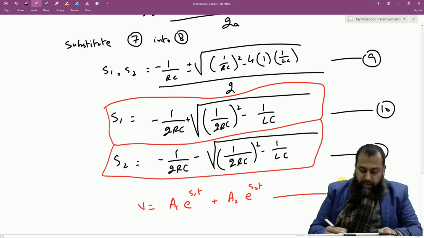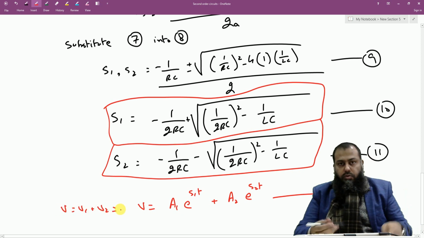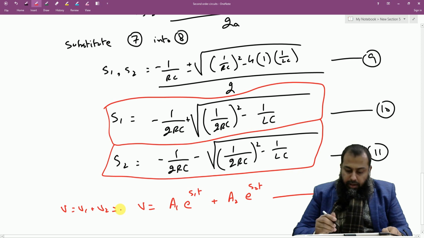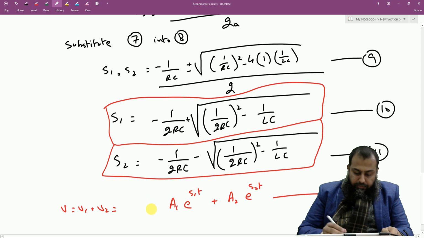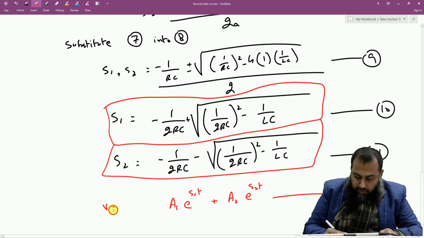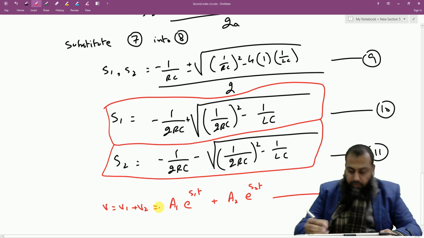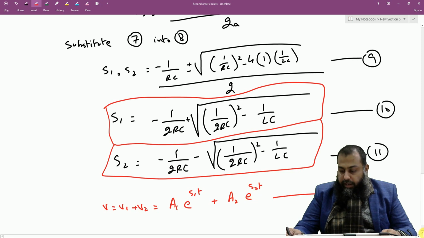So what I mean to say here is that v is equal to v1 plus v2, because there are two roots that exist in this given network, and each root can be expressed in terms of, just a minute, let me rewrite this one. v is equal to v1 plus v2, that is equal to a1 e to the power s1t plus a2 e to the power s2t.